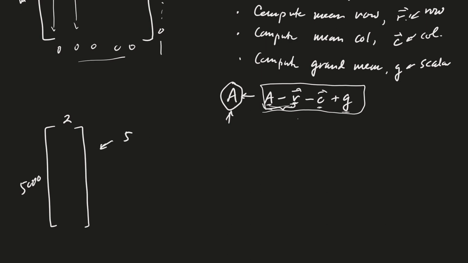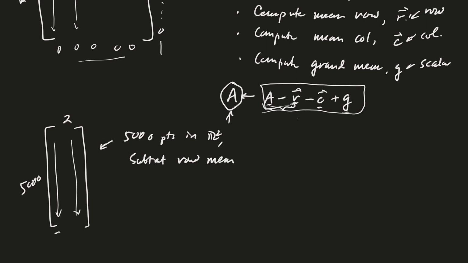Think of this as 5,000 points in R2, and so then you just have to subtract the row mean, write the mean down the 5,000 to get a 2 vector here, and then you would subtract that from each of the rows. Okay, and so that would just be your R, and so then you would take A minus R and then put the result back into A. Good. So that's pretty straightforward.